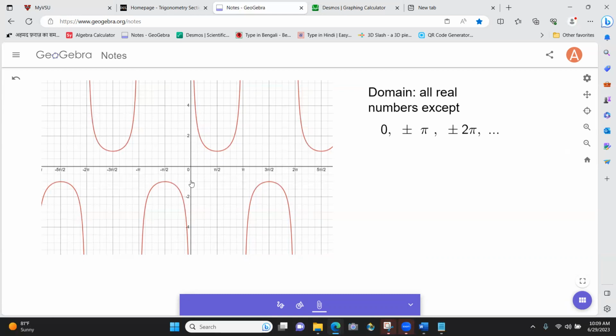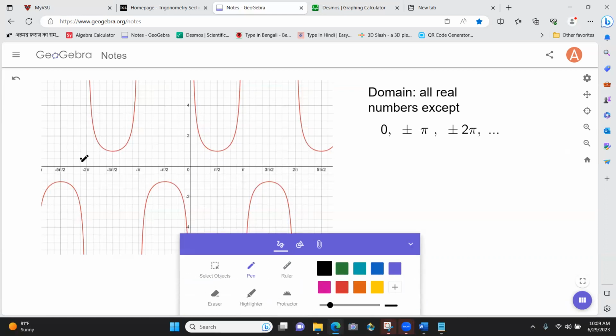There's a little gap here. This place is not available. Why? Because the sine value, the maximum value is 1. Anything less than 1, the reciprocal of that number is more than 1, so they jump up. So there is a lot of gap here.